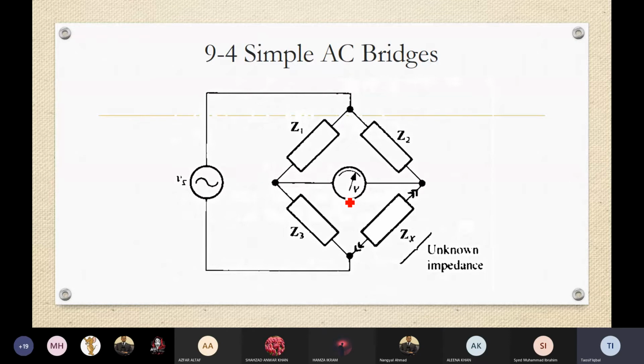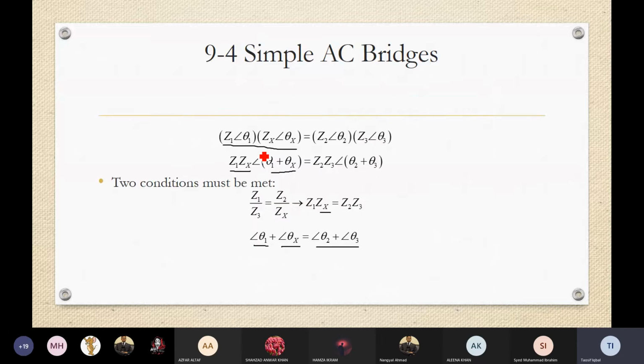So what we are going to do in this case is that the Z1 along with its phase angle. So this is the polar form of the impedance. Z1 magnitude and theta 1 indicates its phase angle.